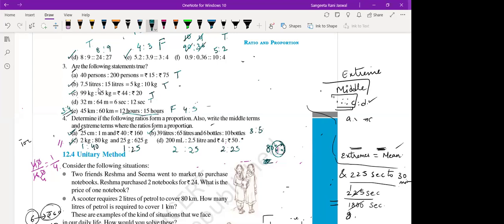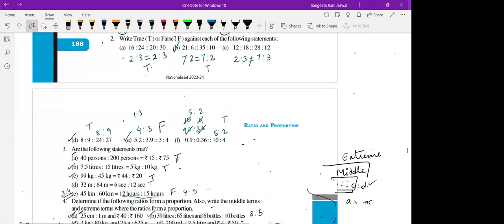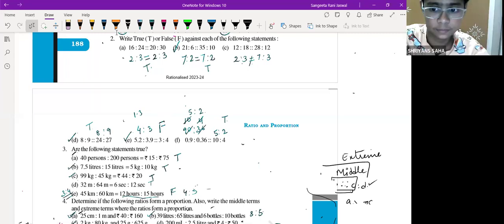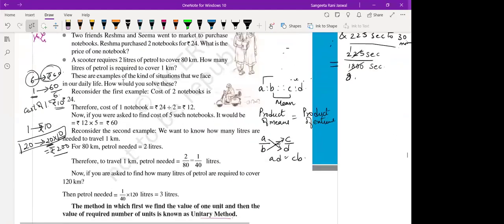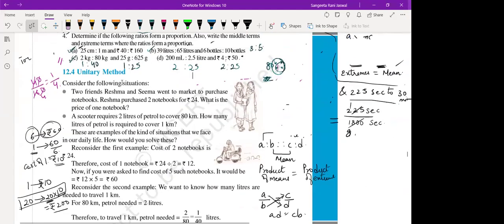Okay, good. So I hope the proportion part is clear to all. Okay, now should we move to unitary method? Yes, sir. Okay. Now see, when we do unitary method, wait one second, I'll send it out.